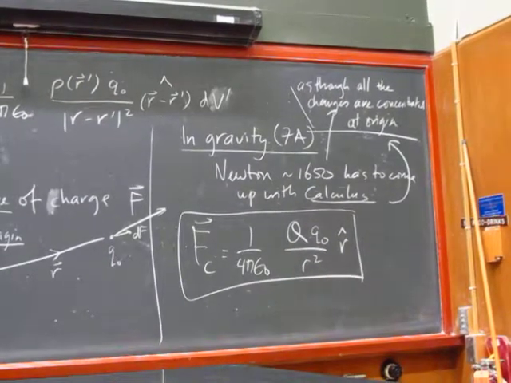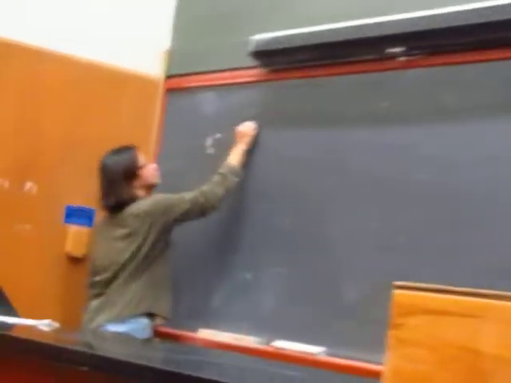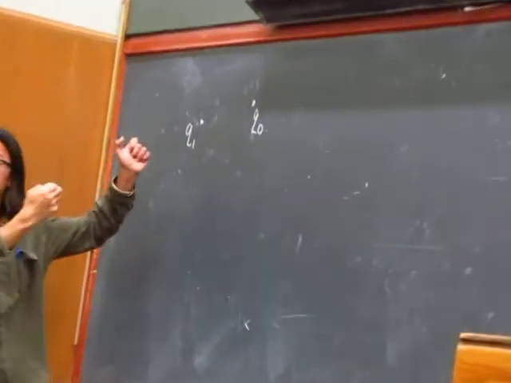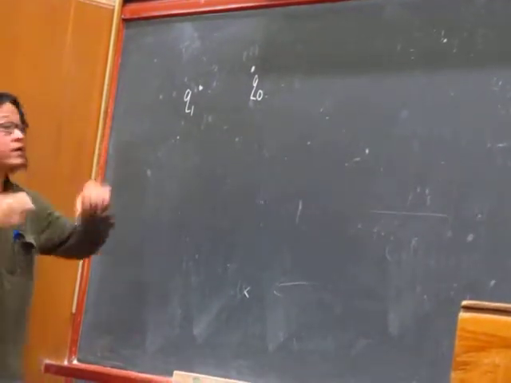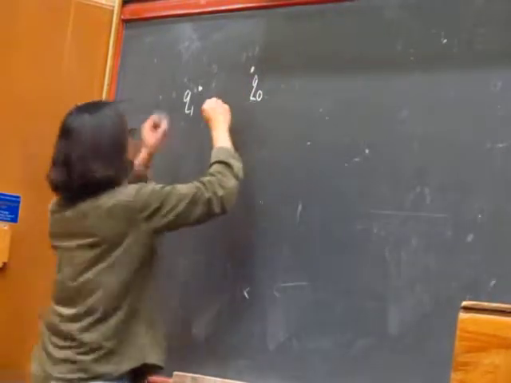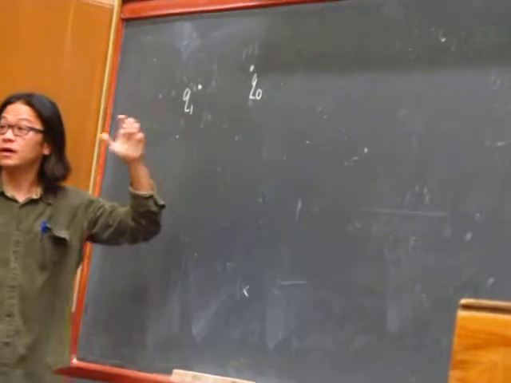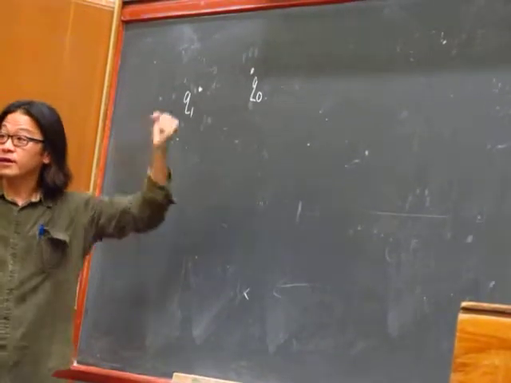Now if I have a system of charges, in particular two charges, Q1 and Q0, it takes energy to bring these two charges together. Suppose Q1 and Q0 are positive, so they repel one another.